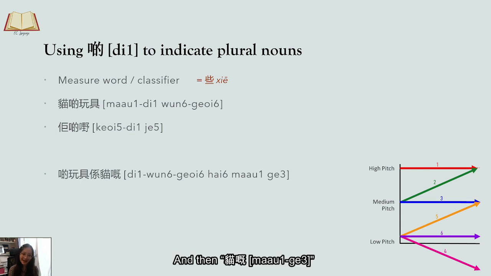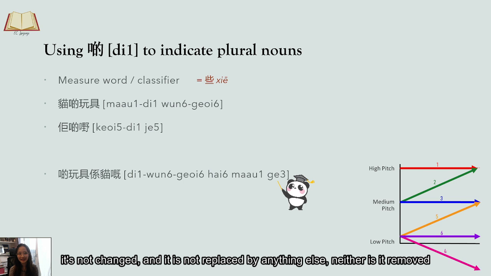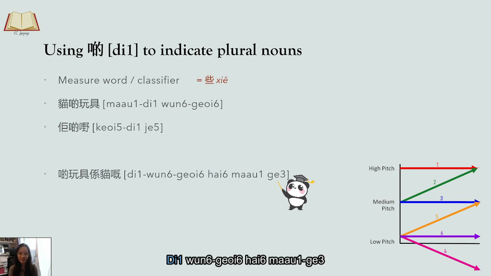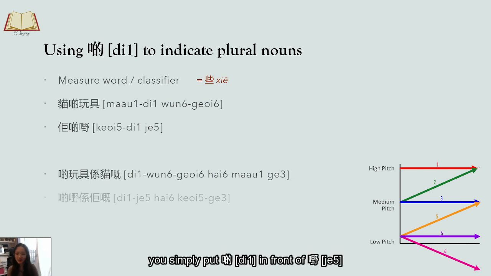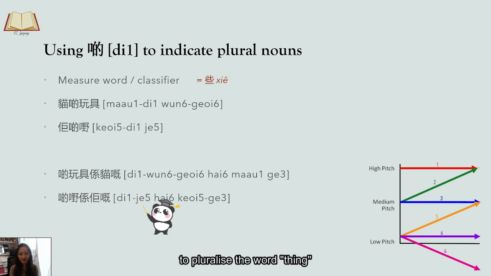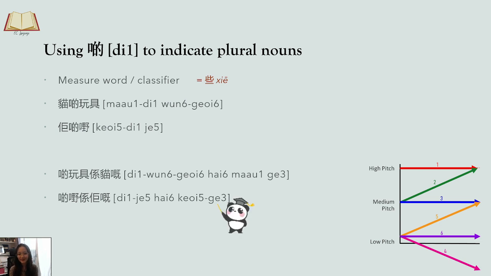And then 貓嘅, so the ge at the end stays the same where it is. It's not changed and it is not replaced by anything else, neither is it removed. So 啲玩具係貓嘅. Same thing with 佢啲嘢. If you want to say the things are his or hers, we simply put di in front of 嘢 to pluralize the word thing, becoming things. So 啲嘢係佢嘅. Once again, the ge stays where it is, unchanged.